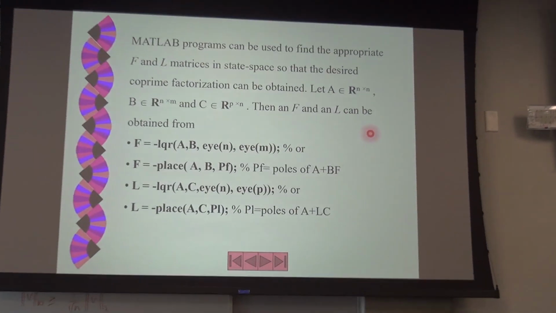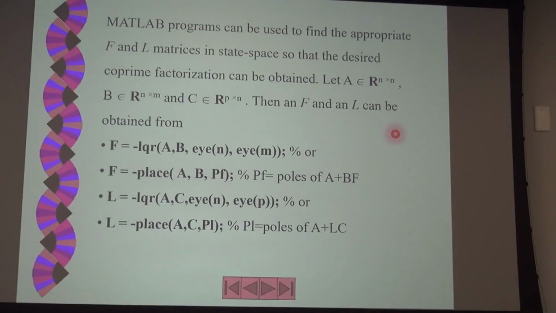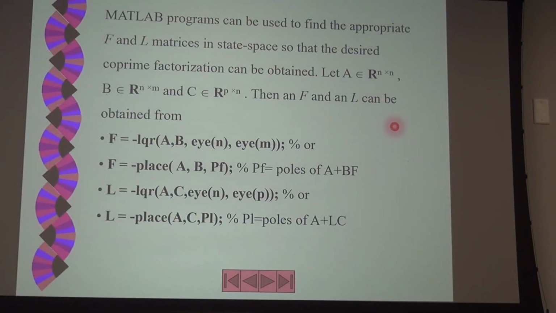So the good news is in my lab, life is much easier, and given A, given B, given C, you can always find F and L. Remember why we need F and L?